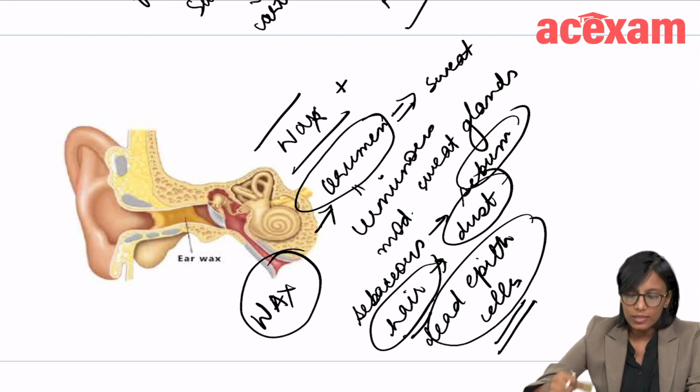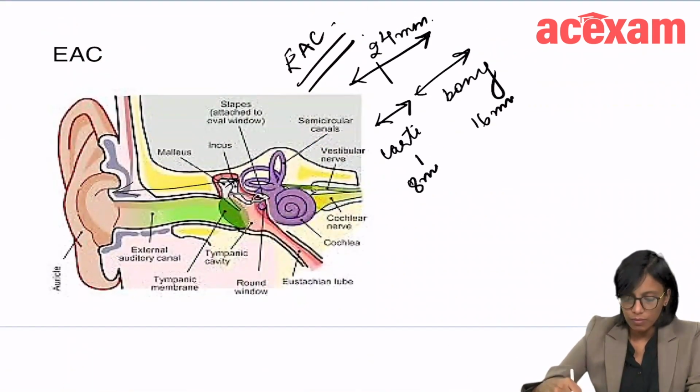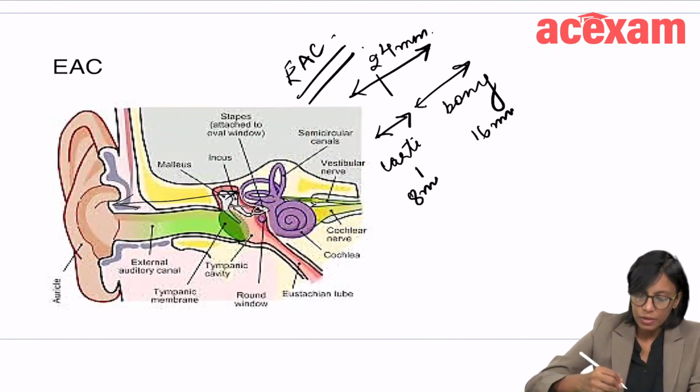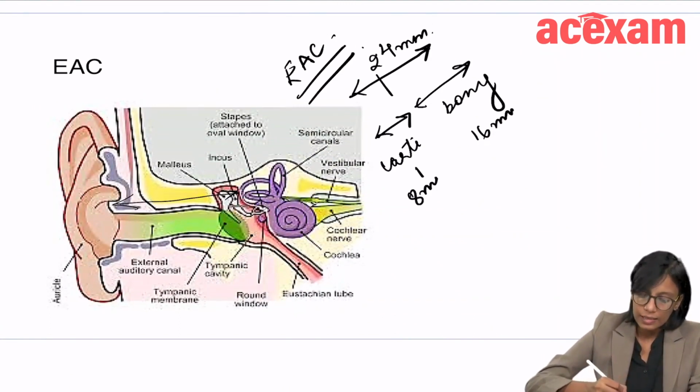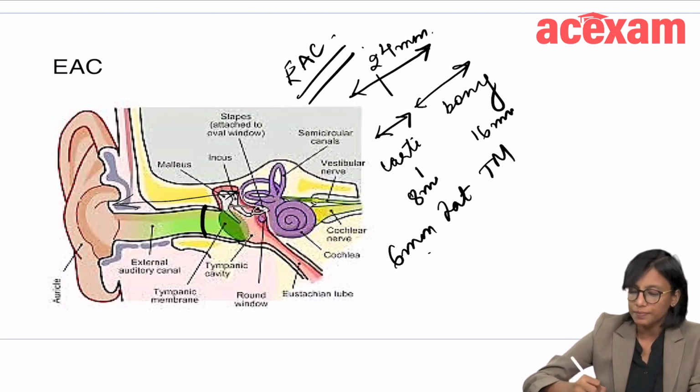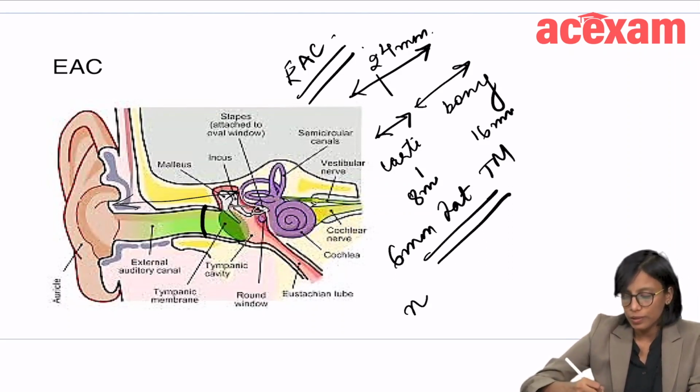Right. So let's come again to the external auditory canal. Around 6 millimeters lateral to the tympanic membrane, it is the narrowest.